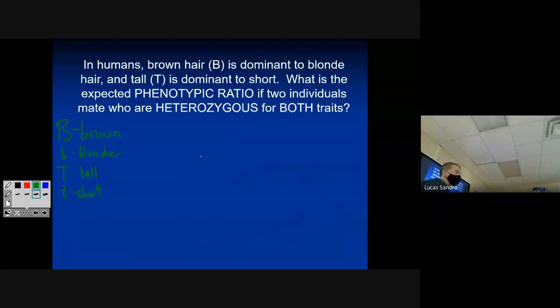By the way, both of these genes are far more complicated in real human beings. We're just oversimplifying here. And let's just say we are mating 2 heterozygotes for both traits. So that's a big B little b, big T little t crossed with a big B little b, big T little t. See what you can do based on what you just wrote down, which is that they do not affect each other, and that when we track 2 traits at once, there's a maximum of 4 gametes from our eggs each parent can make. See if you can set up the Punnett square.